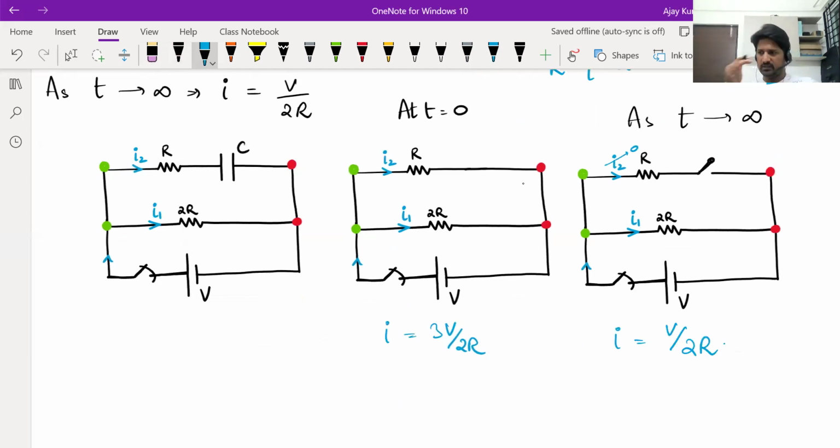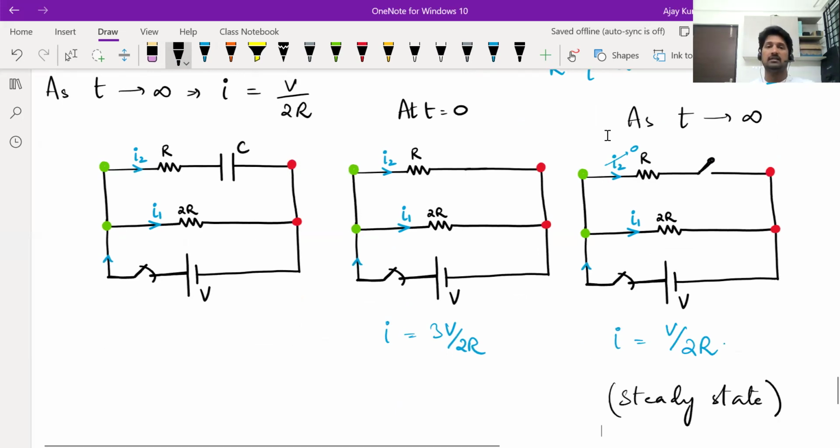Okay. And once the current stabilizes, now see, this current is a time varying current. We know that as t tends to infinity, the current tends to stabilize. That state is called steady state. So many times you'll find questions like this. They'll ask you, what is the steady state current through the cell? Or what is the steady state voltage across the capacitor? Steady state means when it is fully charged, what is the current, what is the voltage?